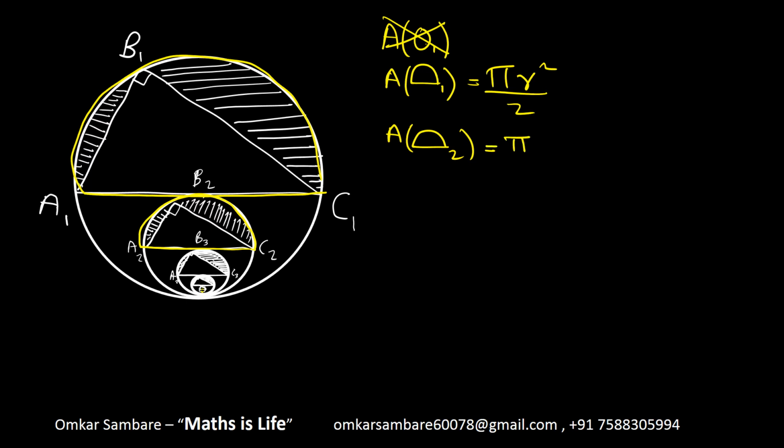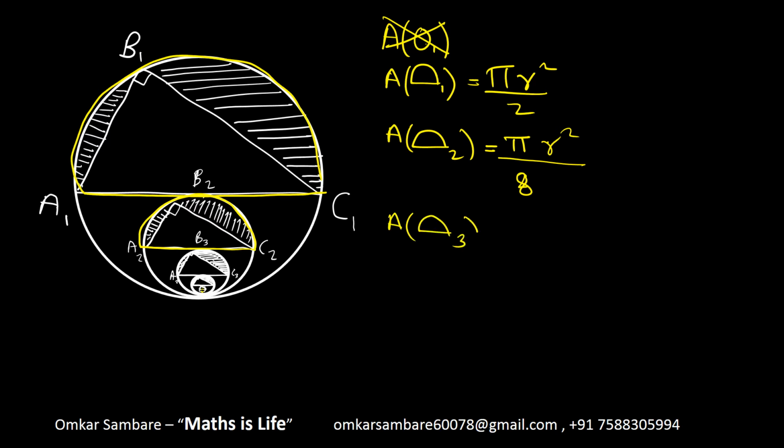So instead of r we write r by 2, and the square of r by 2 will be r square by 4. So we write here r square upon 4, and also this 2. So 2 into 4 will become 8, and it will become pi r square upon 8.